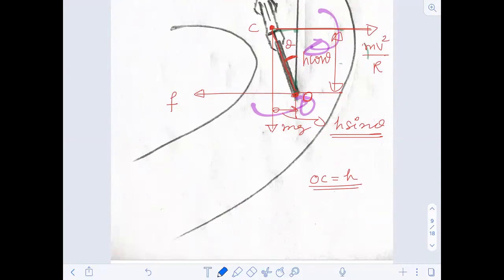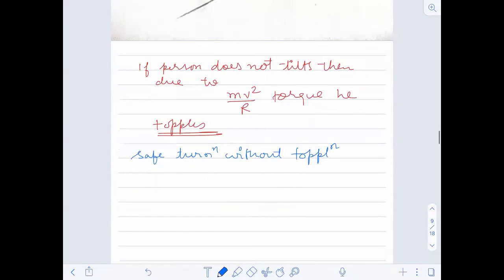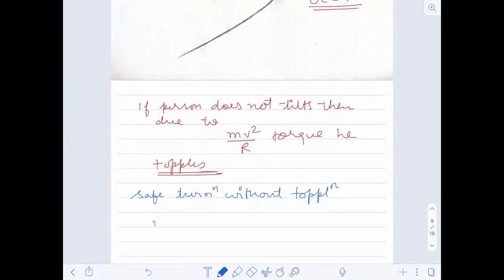So mg h sin theta must be balanced by mv square by r into h cos theta.